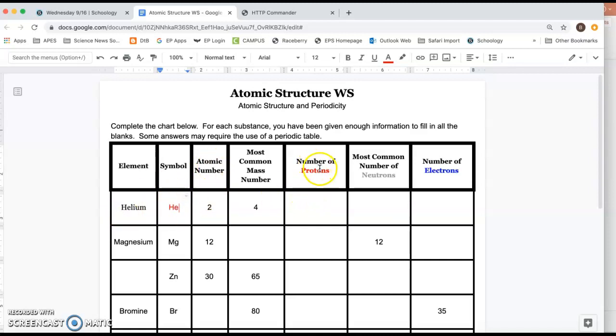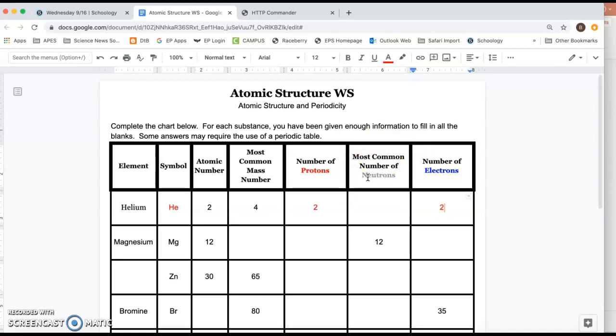So the number of protons, well, the atomic number for helium is 2. And so you fill in that the number of protons is 2. And, oh, guess what? The number of protons and the number of electrons should be identical, because the atomic number, the thing that I've highlighted right there, determines the number of protons. It determines the number of electrons, so I'm going to put a 2 in there. And so now the number of neutrons.